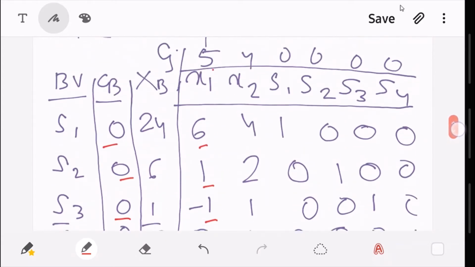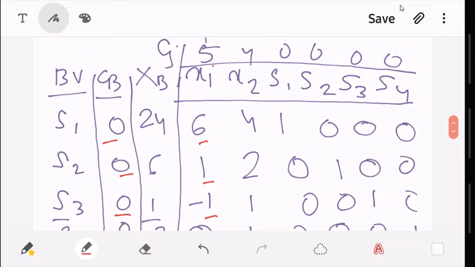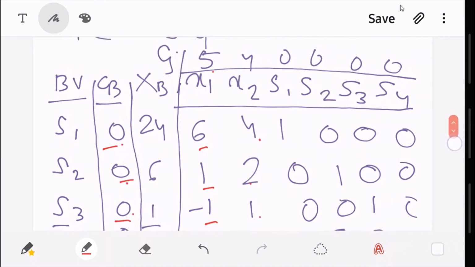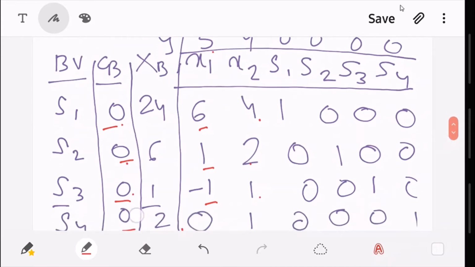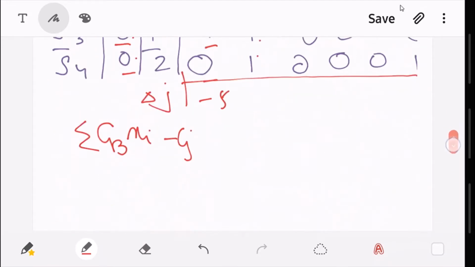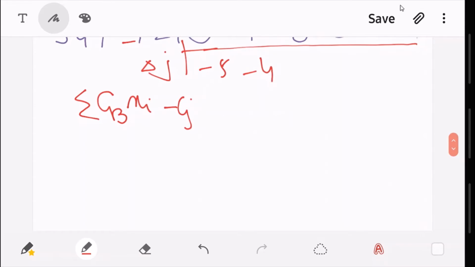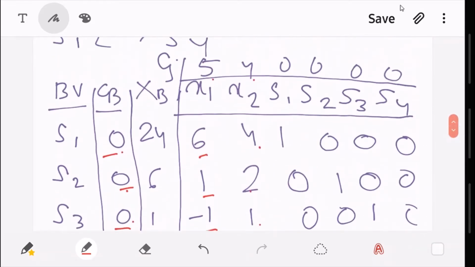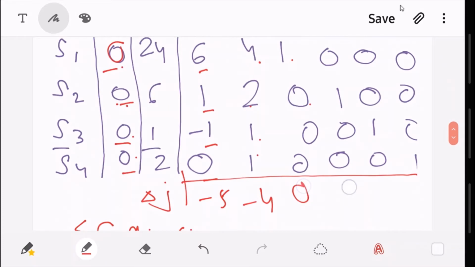Then again for the second column it is 0 into 4, 0 into 2, 0 into 1 plus 0 into 1 minus 4, which gives me minus 4. And similarly if I do 0 into 1, 0 into 0 and all, it will come as 0 minus 0, so it is 0, and for the rest also it is 0.